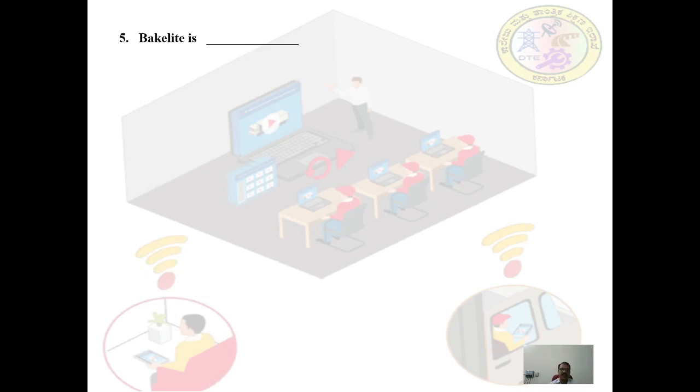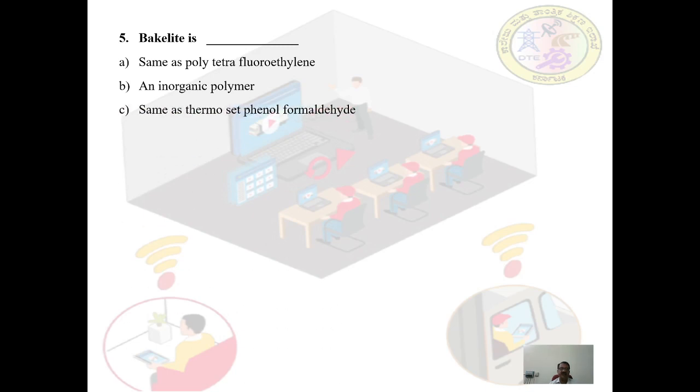Fifth question, bakelite is dash. Options are A, same as polytetrafluoroethylene; B, an inorganic polymer; C, same as thermoset phenol formaldehyde; and D, not a polymer. The right answer is C, same as thermoset phenol formaldehyde.